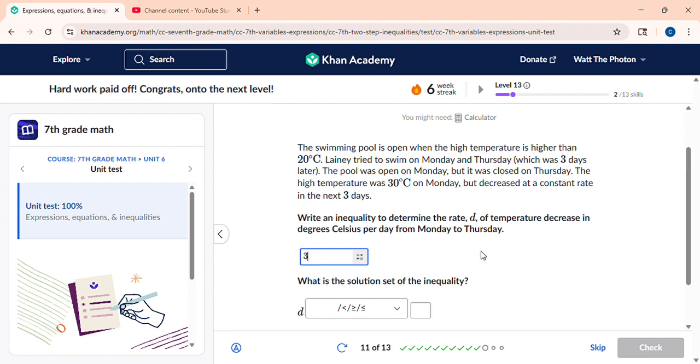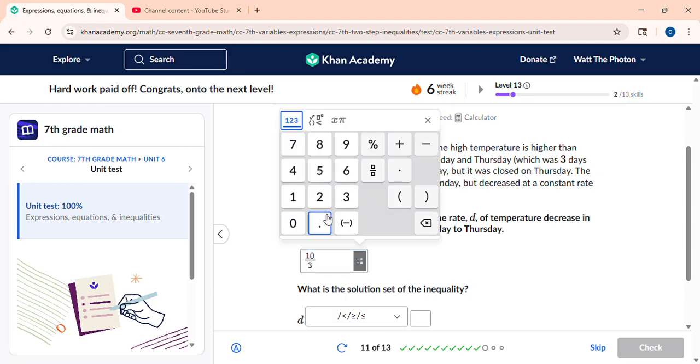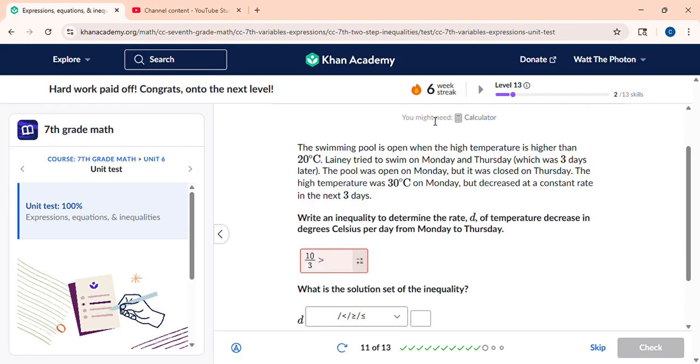It's higher than 30 degrees. So 10 over 3 is greater than 18.